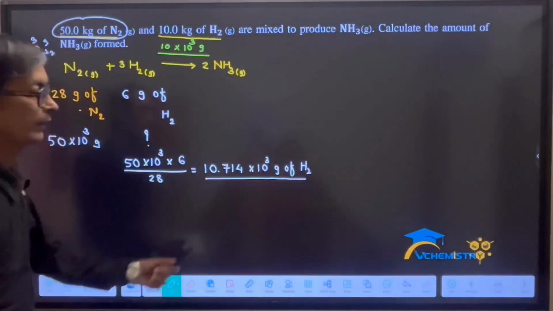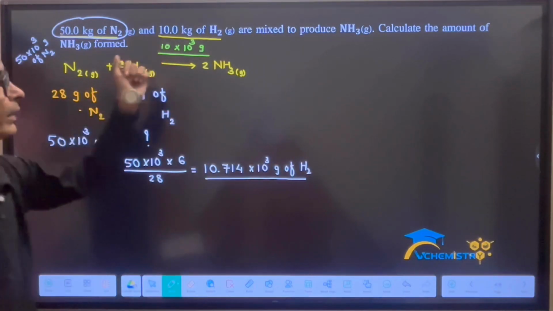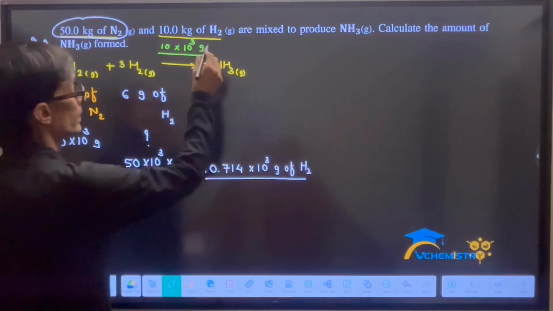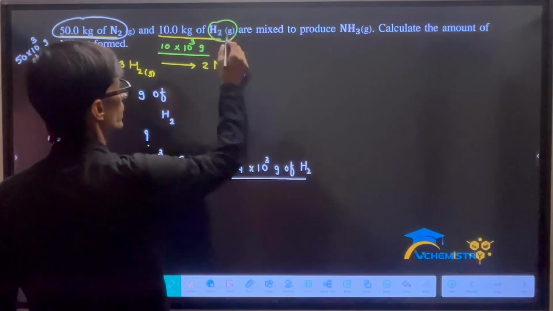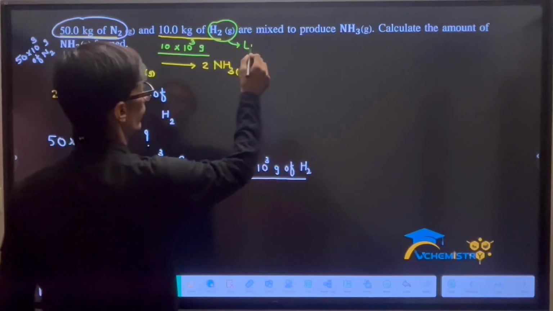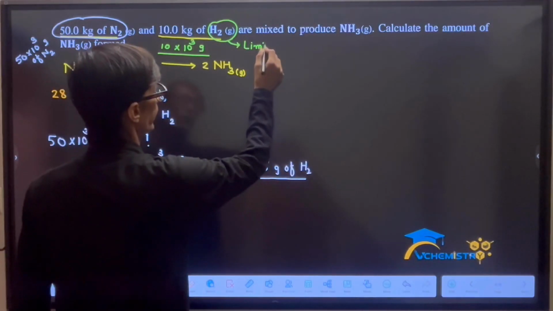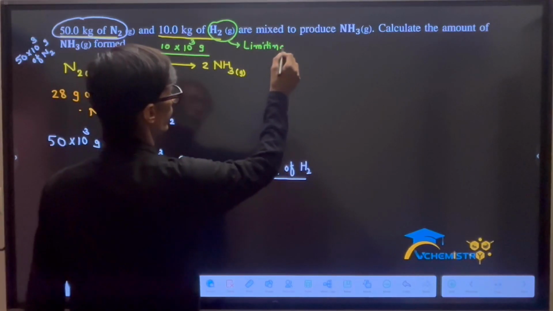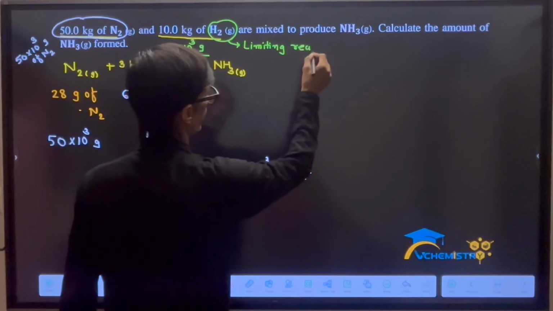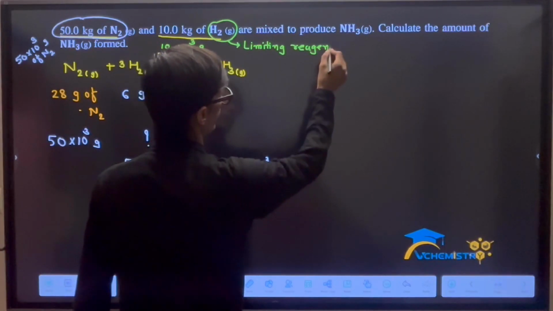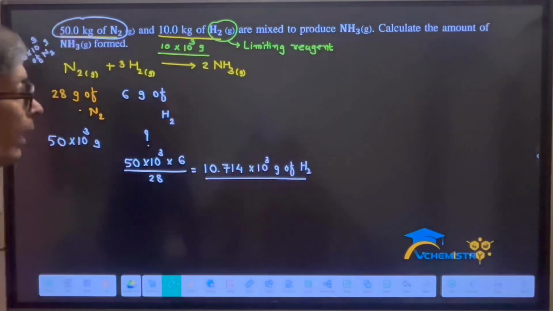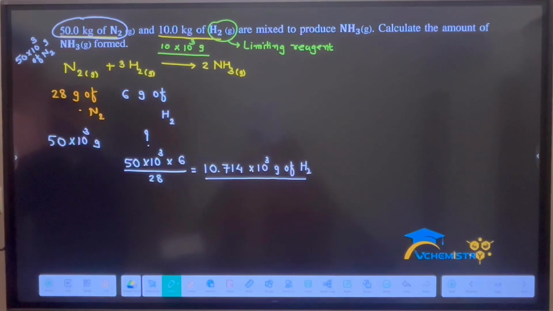So required 10.714 and given 10 into 10 raised to 3. That means hydrogen is your limiting reagent. Okay, limiting reagent.